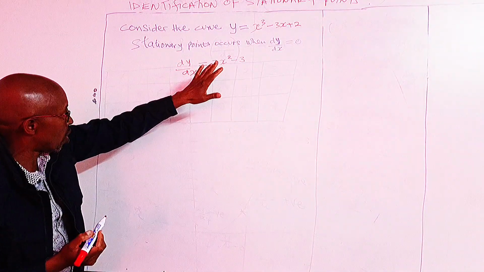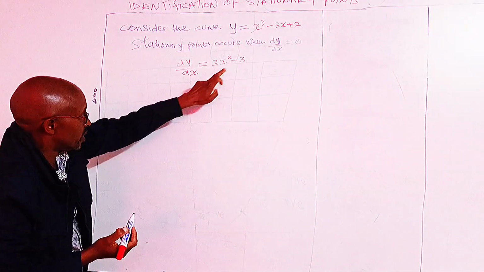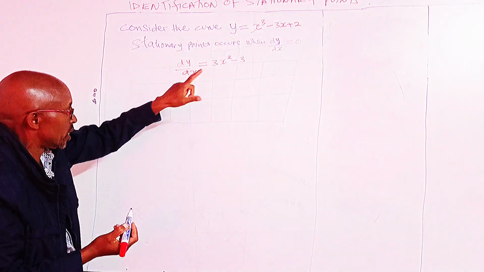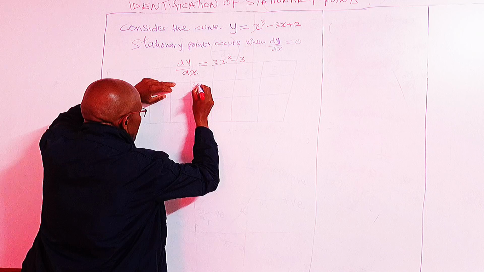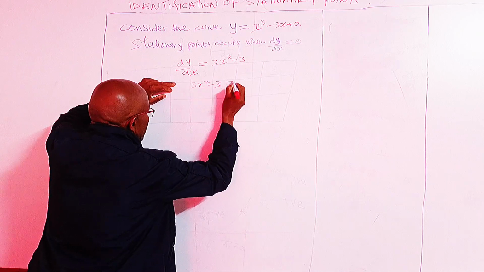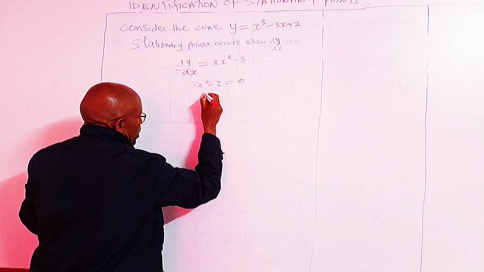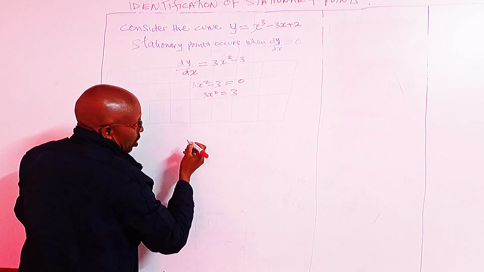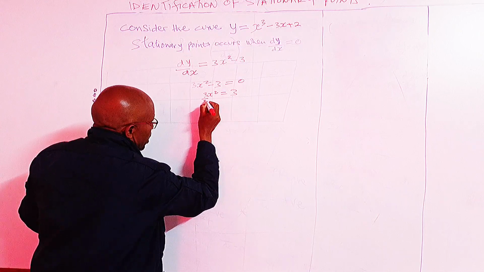Stationary points occur only when dy/dx is equal to 0. Now we have our dy/dx as this, so we equate our dy/dx to 0 to get the stationary points. So we'll have 3x squared minus 3 is equal to 0. Taking negative 3 to the other side, we'll have 3x squared is equal to 3. So we can divide by 3 on both sides.